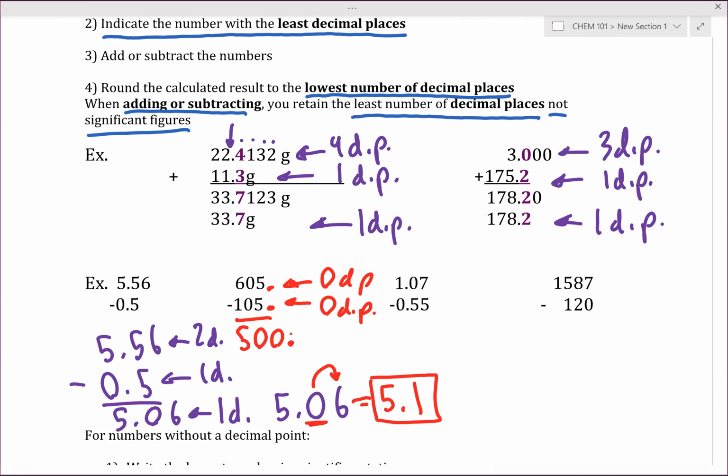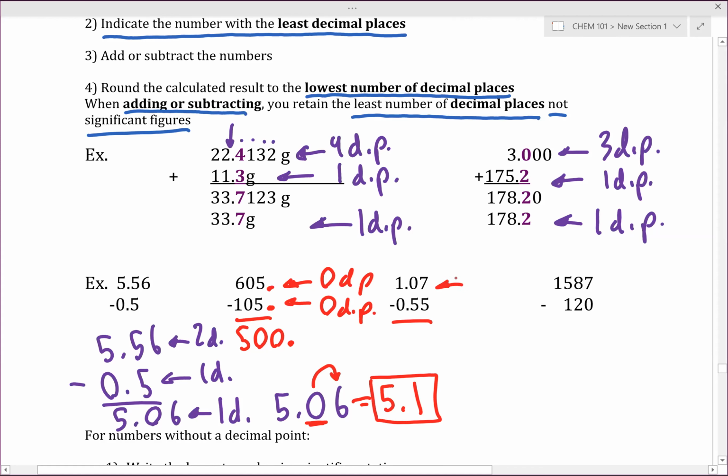Okay. If there is a significant digit in a decimal place, be it the tenths, the ones, the tens, or the hundreds, you have to make sure you're retaining the least number of significant decimal places. Okay, let's do another example. 1.07 minus 0.55.